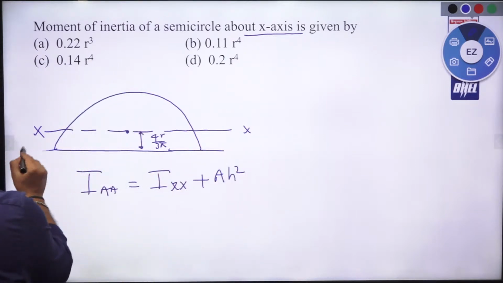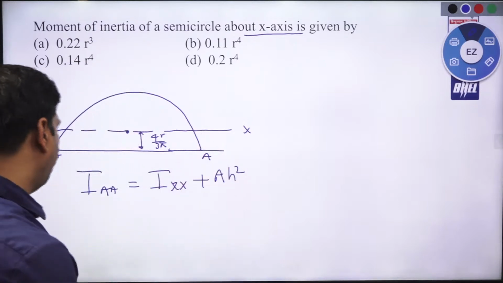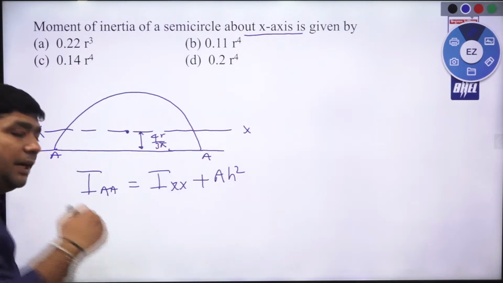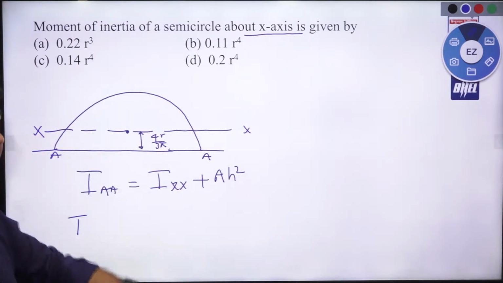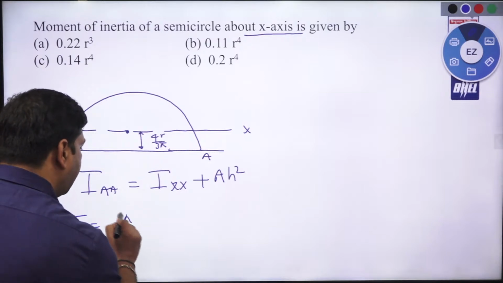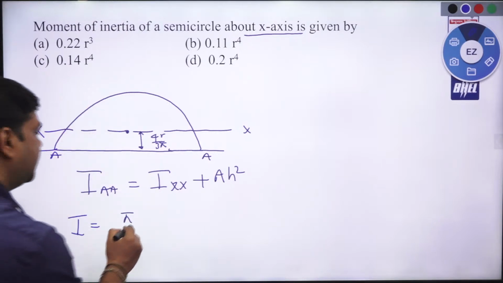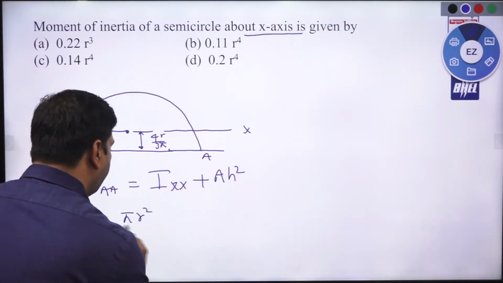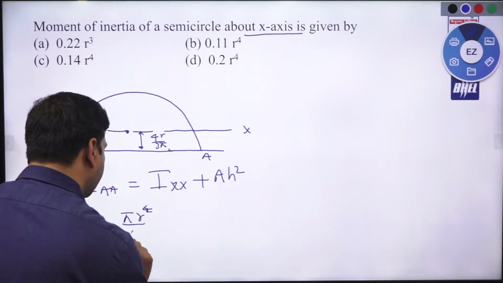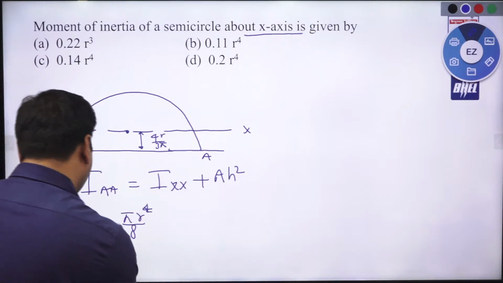If I see here, A is this, and I know very well the moment of inertia about the diametrical axis. For a full circle it is πr⁴/4, but we are talking about the semicircle, so it comes to be πr⁴/8 about the A axis.